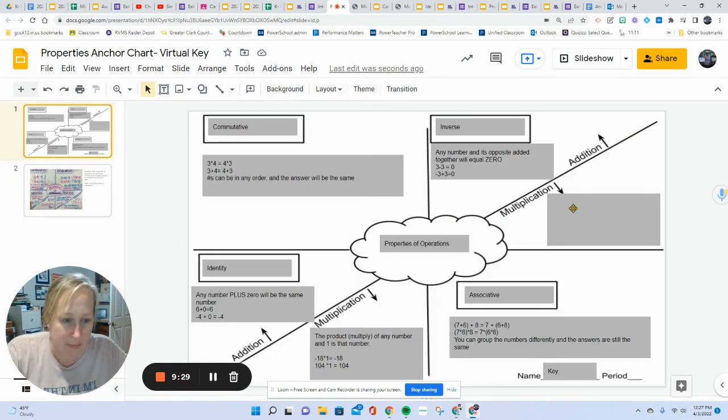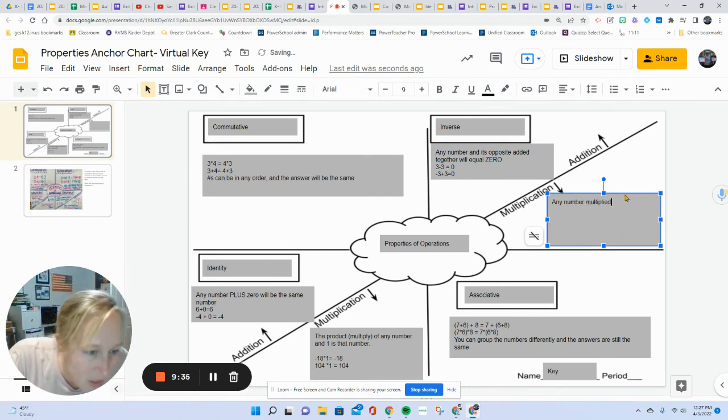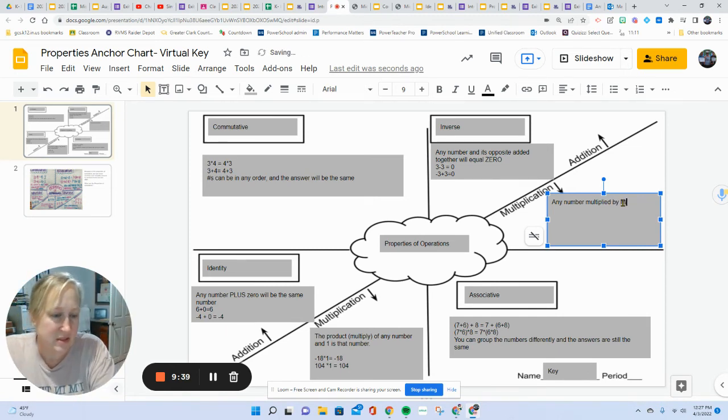So any number multiplied by its reciprocal is 1. So inverse and identity kind of go together, because identity makes it give you your number back. Inverse will make it be 1.